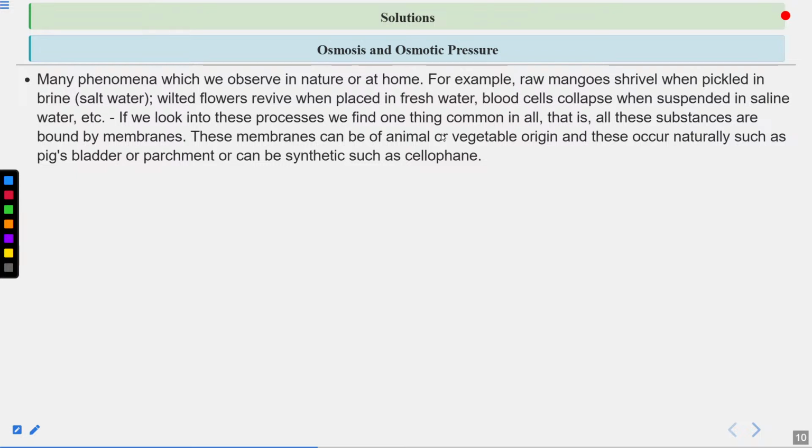The mango skin acts as a semi-permeable membrane. So the water inside the mango moves out through the SPM and goes into the brine solution. As a result, if you take water out of it, it will shrink or reduce its size. Clear?